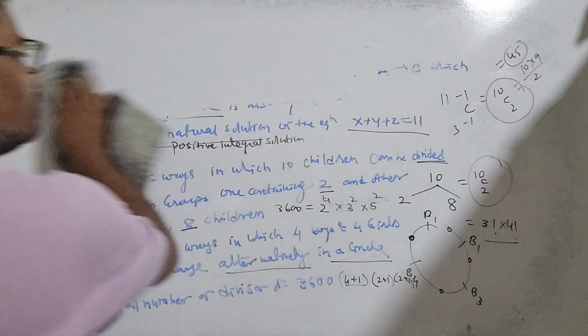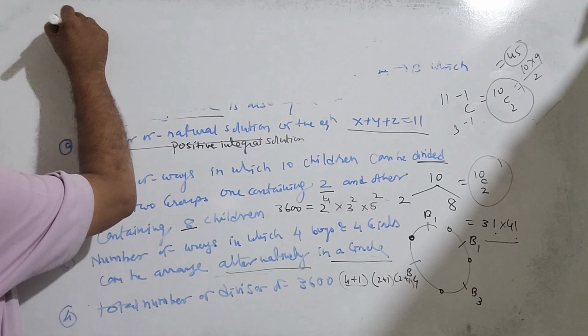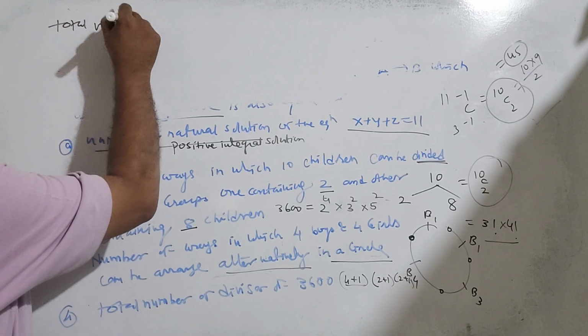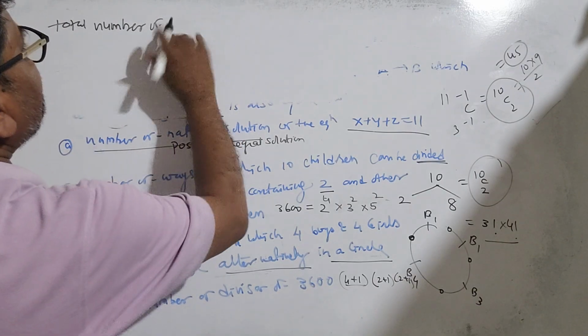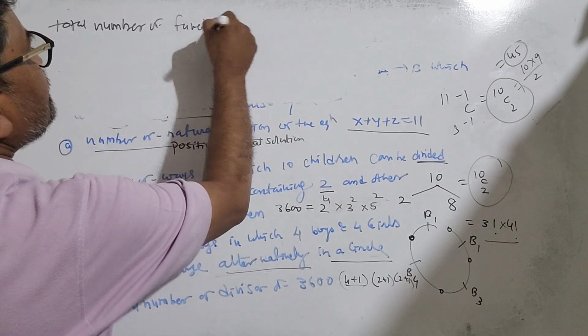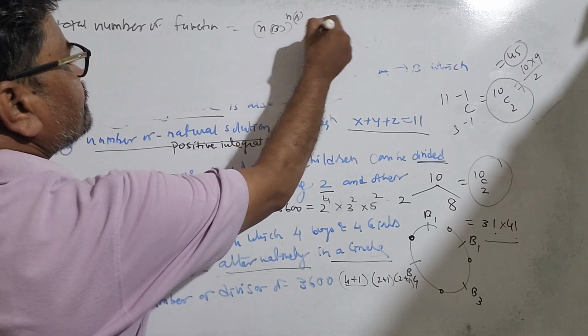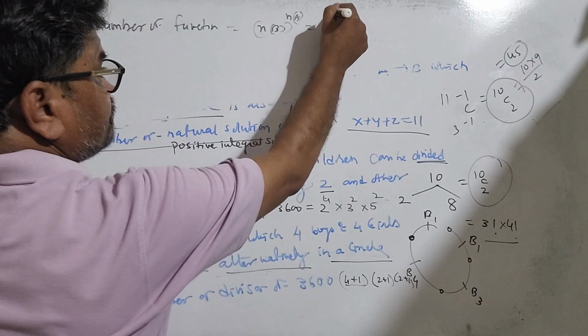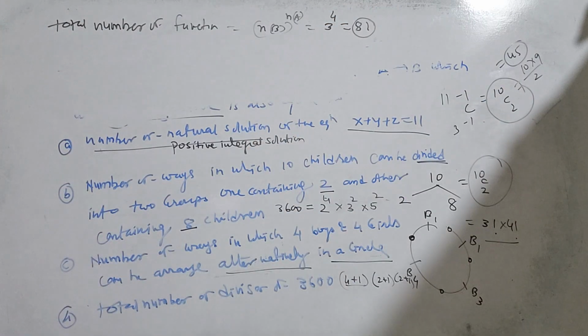So the total number of functions is n of B power n of A. Correct? That is 3 power 4, that is 81. 81 is the total number of functions.